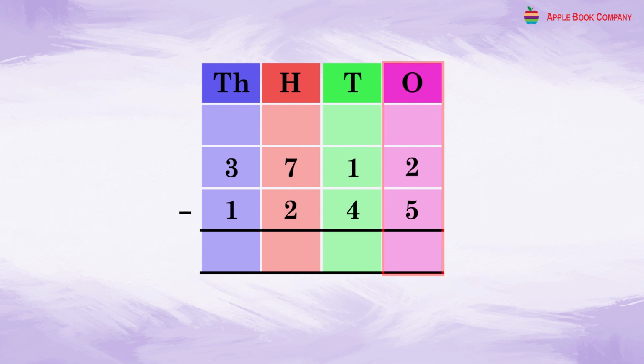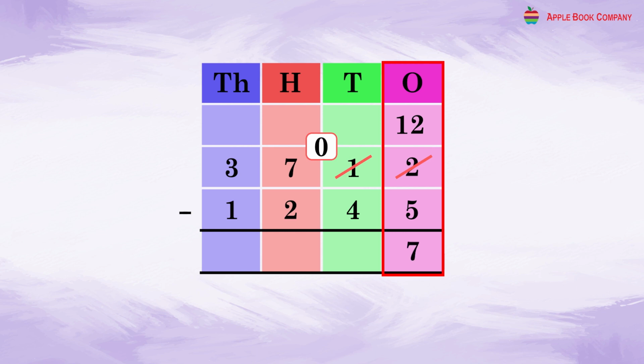In the ones place, it is 2 minus 5, where 2 is less than 5. Now, let's borrow 1 from the tens place. In the tens place, we have 1 ten. So when we take 1, it becomes 0 and 2 becomes 12. 12 minus 5 is 7.